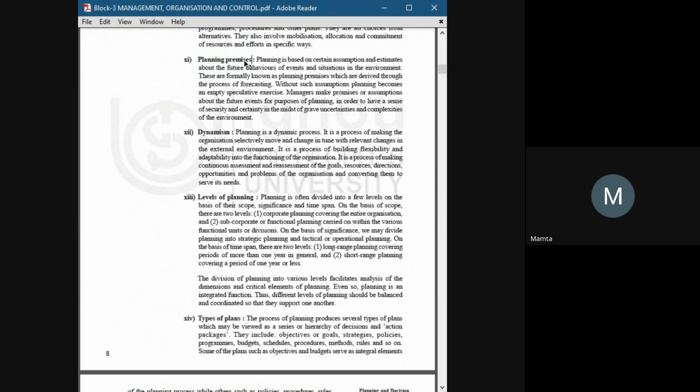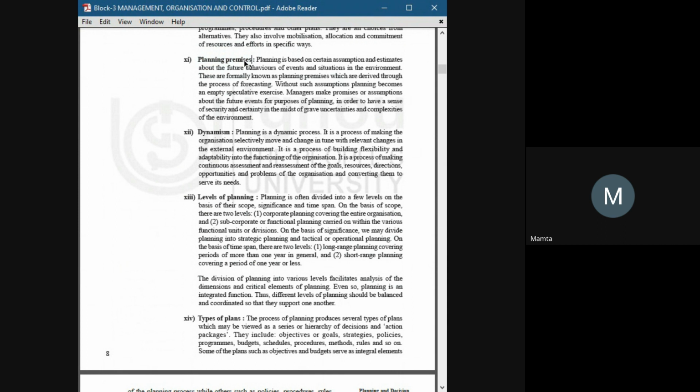Now, a government can come and ban all the factories from a particular area. In that condition, that is the external force which is affecting your business, and that is politics or government. That's how we forecast. We need to forecast every external environment for the planning purpose.